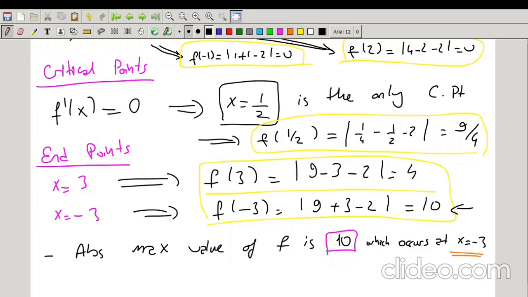And moreover, let me write the other one. Absolute minimum value of f is, if you check, we have 0 is the minimum one, which occurs at 2 points indeed. x is equal to -1 and x is equal to 2.